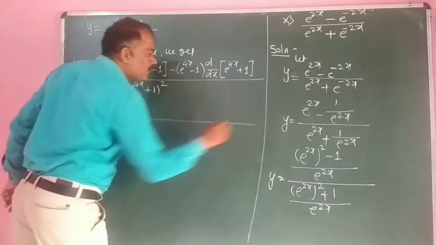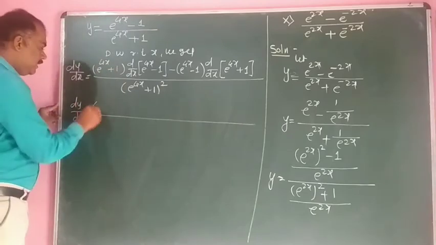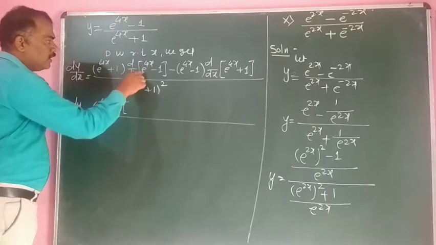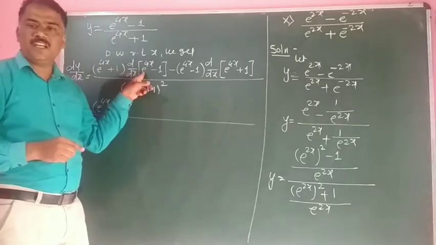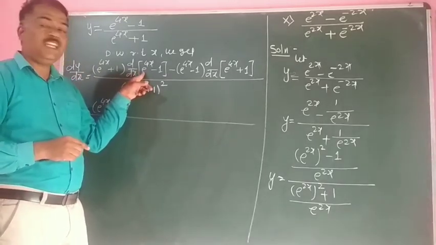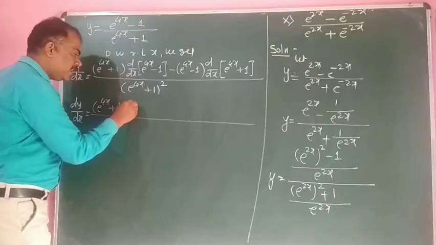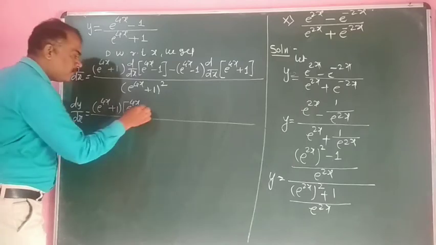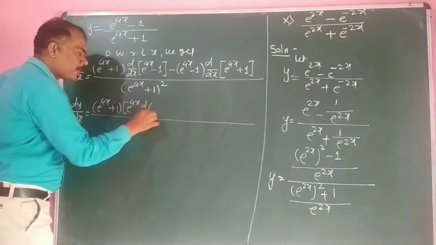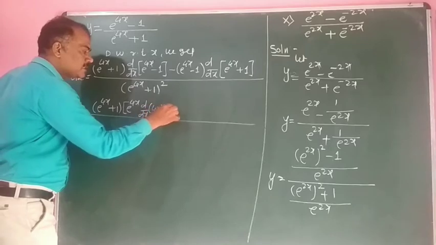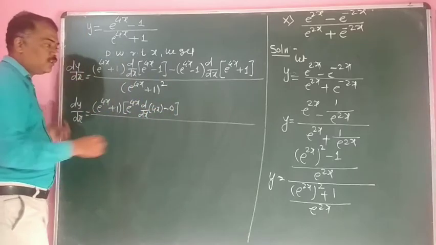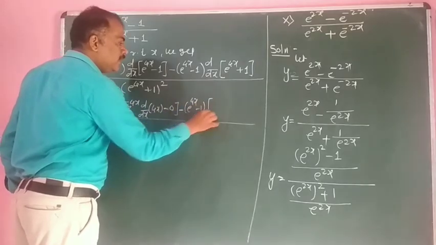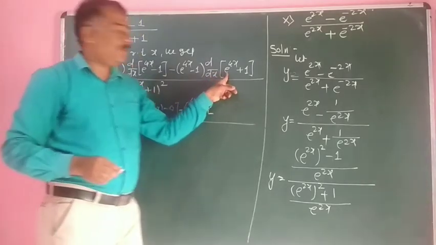So dy by dx is equal to this bracket as it is, e^(4x) plus 1 into, first keep the finger on this e. What is the derivative of e^x? e^x, so e^(4x) into the derivative of 4x, that is d/dx of 4x, minus 0, the derivative of 1 is 0, minus e^(4x) minus 1 into d/dx of e^(4x).